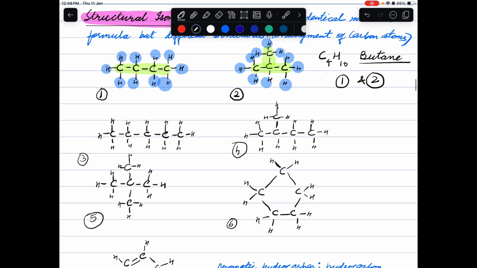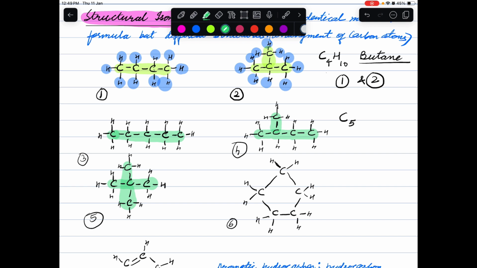Now come to the next structures. Let us count the number of carbon atoms. Here we have 1, 2, 3, 4, 5, and in the next case also 1, 2, 3, 4, 5, and in the third case also 1, 2, 3, 4, 5. In the third, fourth and fifth structures, we have 5 carbon atoms each, so we write the molecular formula as C5. Now let us count hydrogen in each case.